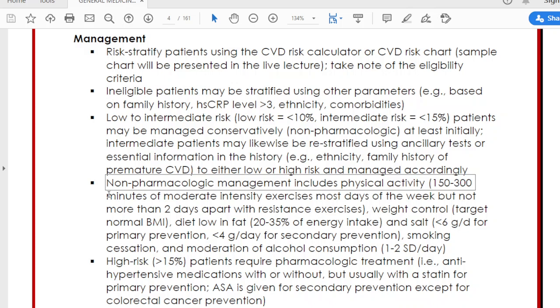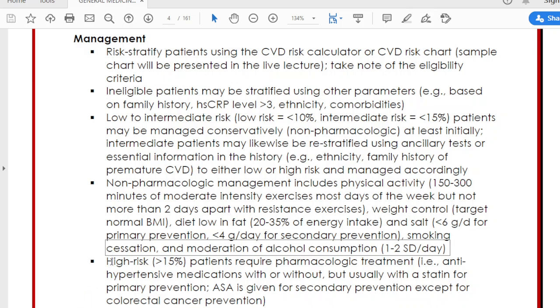Non-pharmacologic management includes physical activity, 150 minutes of moderate intensity exercises most days of the week but not more than 2 days apart, with resistance exercises, weight control, normal BMI, diet low in fat, 20 to 35% of energy intake, and salt, less than 6 g/day for primary prevention and less than 4 g/day for secondary prevention, smoking cessation, and moderation of alcohol consumption, 1 to 2 standard drinks/day.